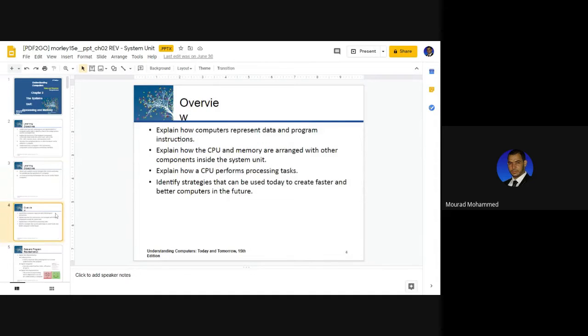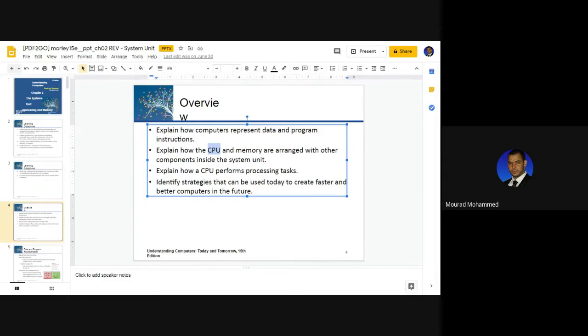An overview of this objective: we are going to visualize the data inside this central processing unit, how it looks. What are the main functionalities of the hardware equipment available inside the CPU, the central processing unit. CPU stands for central processing unit.